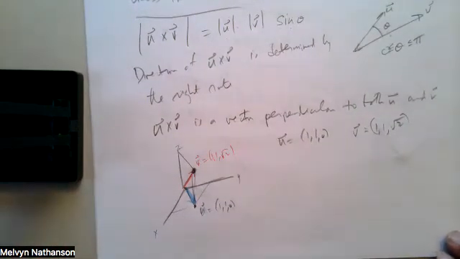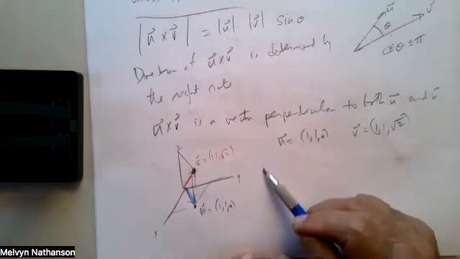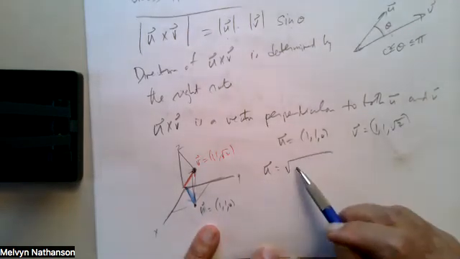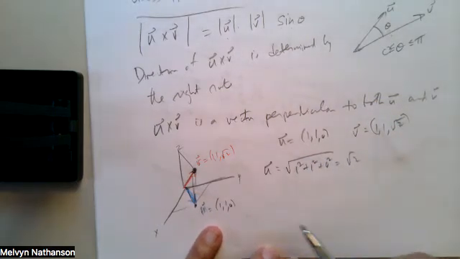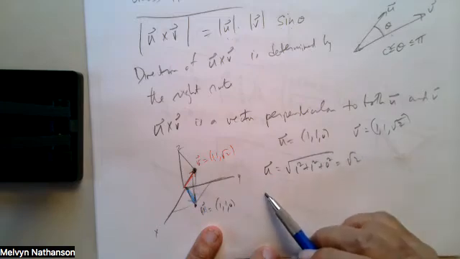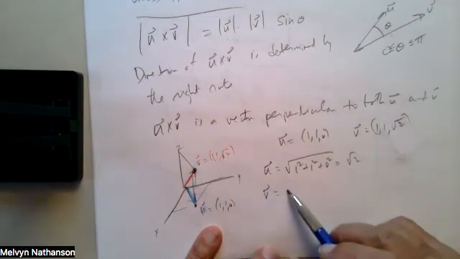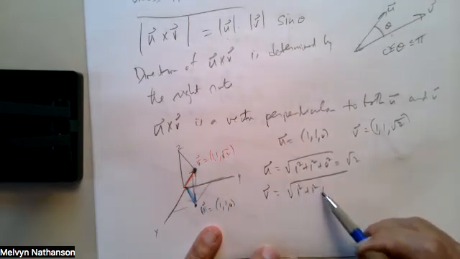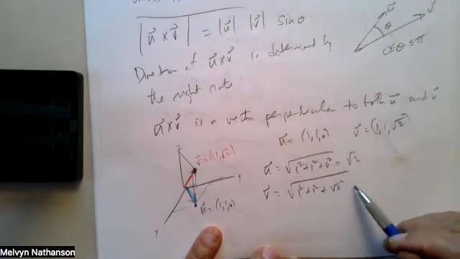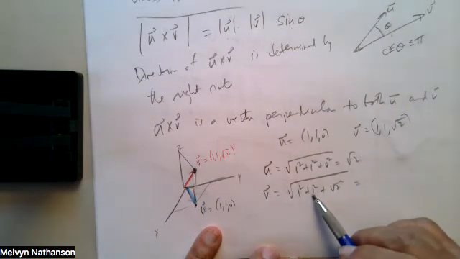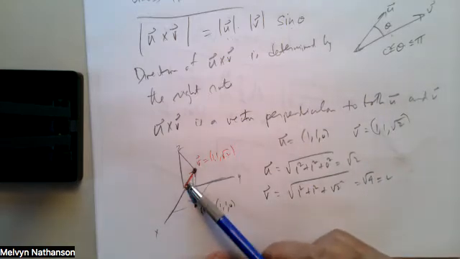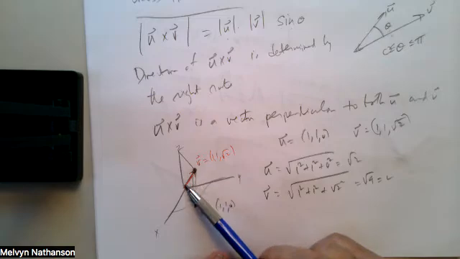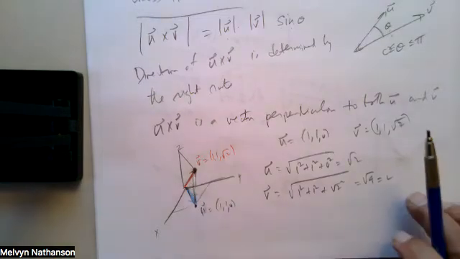Now, the length of u is the square root of 1 squared plus 1 squared plus 0 squared, which is the square root of 2. The length of v is the square root of 1 squared plus 1 squared plus the square root of 2 squared, which is 1 plus 1 is 2, plus 2 is 4, the square root of 4, which is 2. So this vector has length 2, and this vector has length square root of 2.